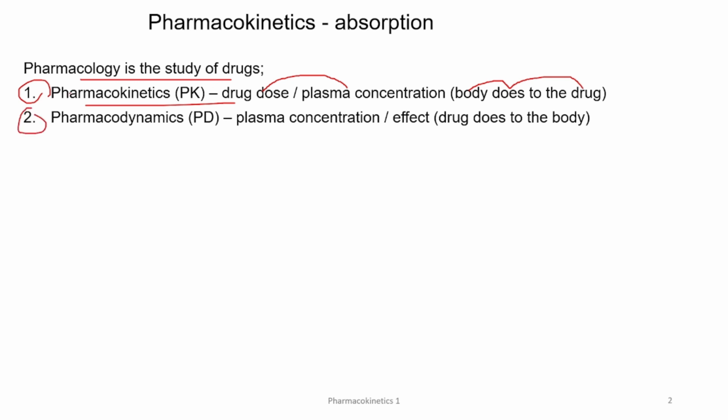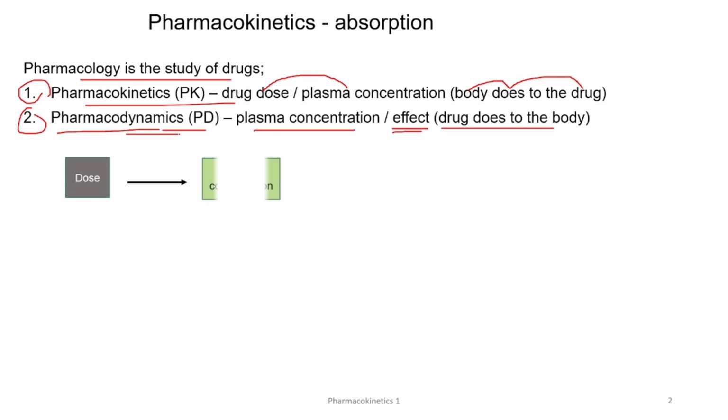The second component of pharmacology includes dynamics. Pharmacodynamics is about the relationship between plasma concentration and the effect of a drug or action. What the drug does to the body is discussed under dynamics. These are two important concepts of therapeutics in pharmacology.